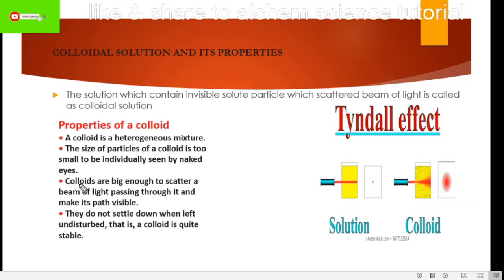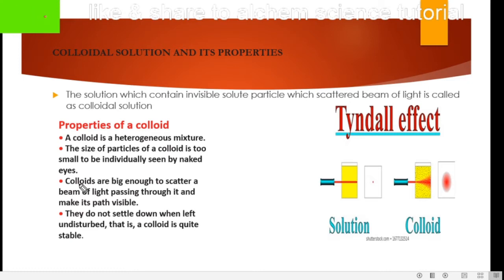The third property is that colloidal particles are big enough to scatter the beam of light, which means the solute particles present in a colloidal solution have enough size to easily scatter the beam of light.